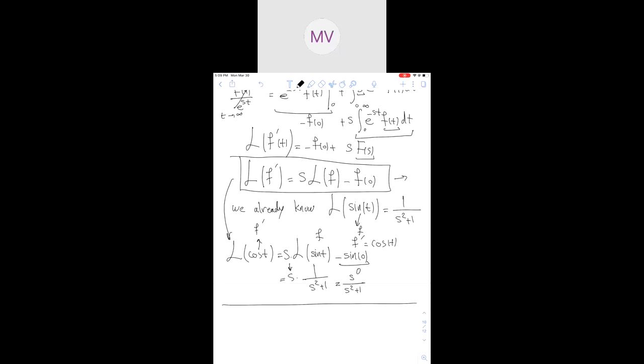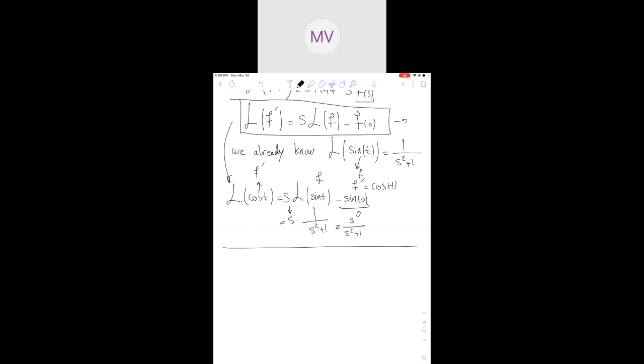Okay, so by that setup, we can find the first derivative Laplace. Well, we can do this and find the Laplace of the second derivative. Here's how we're going to do it. So what's Laplace of the second derivative? We don't have to do it by the definition, we can make a shortcut.